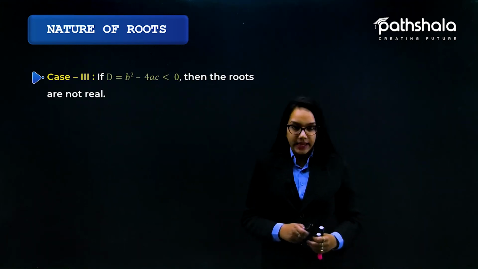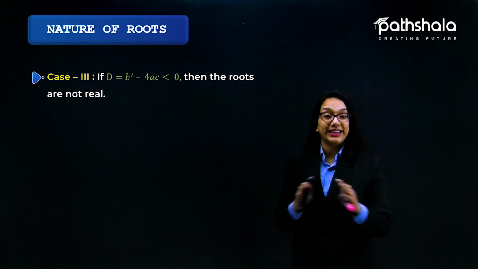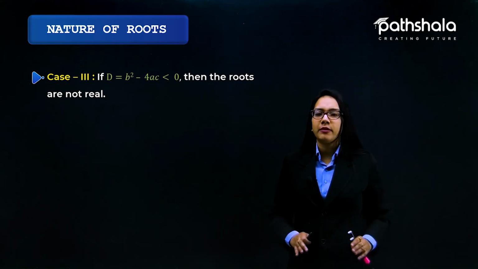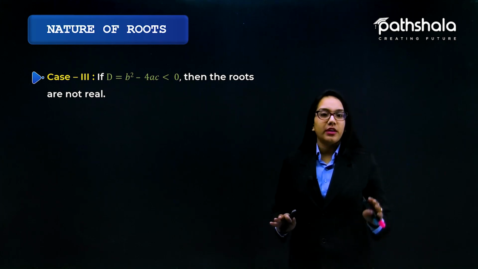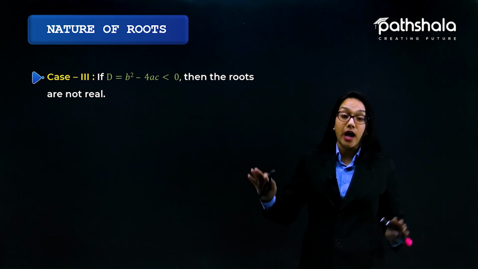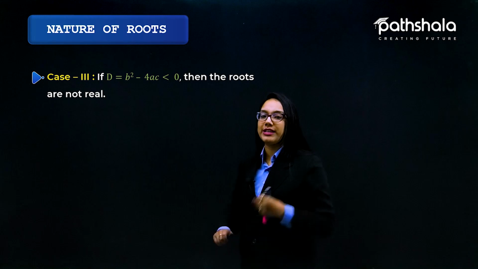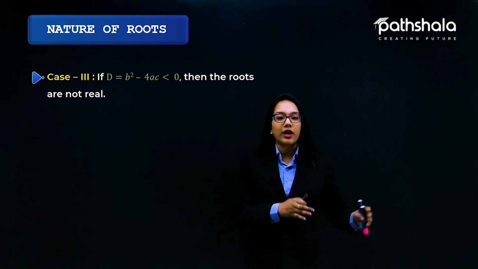Case number 3 says that if D is less than 0, then the roots are not real at all. We will not further find the roots with the help of the formula. We just say that the roots are not real, and we are done with it. That's our answer. So for case number 3, whenever D comes out to be less than 0, the answer is that the roots are not real.